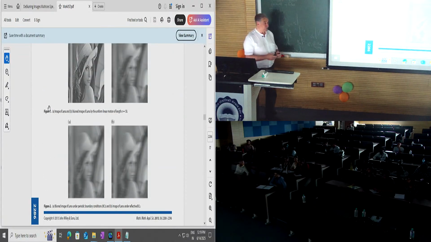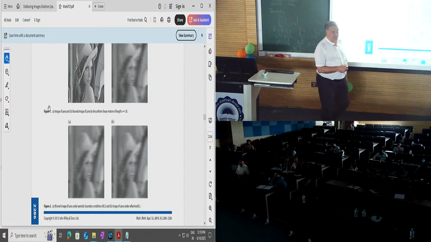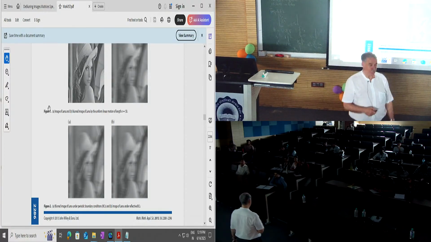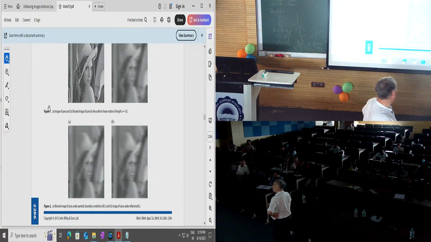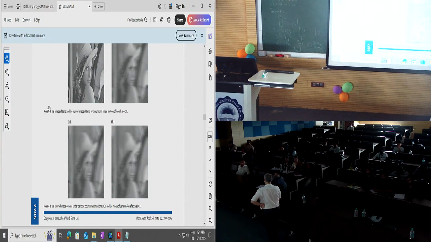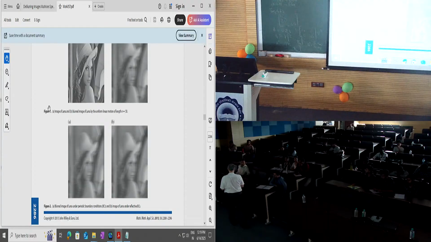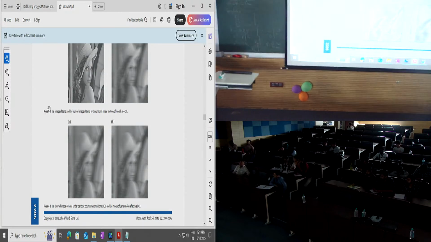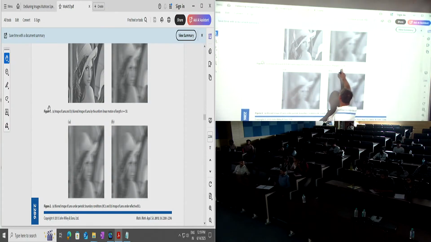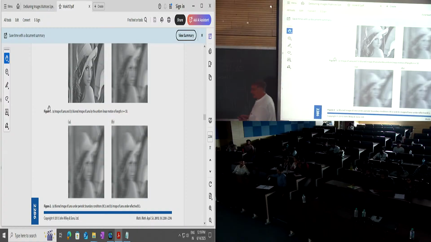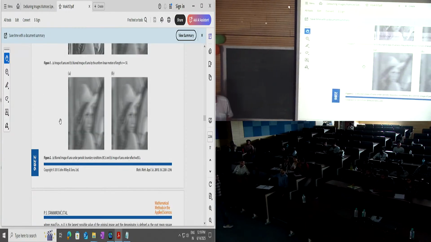Here is the most popular test example. On the internet you can find test examples. Most popular is Lena. Lena visited once an image restoration conference. And here we presented blurred images. The length of motion in this case is n equals 50.